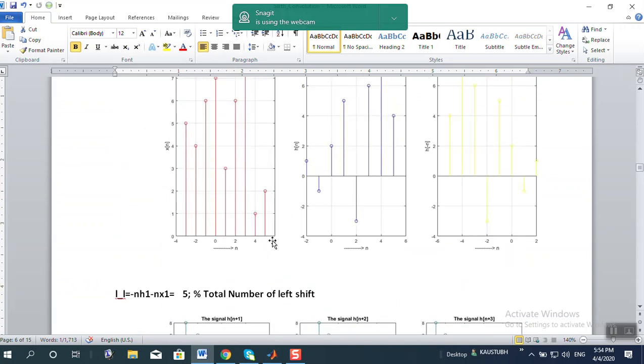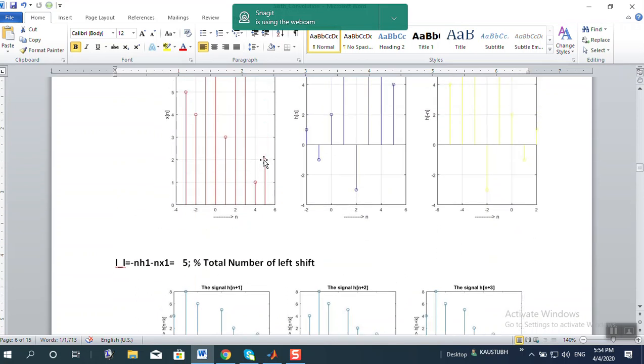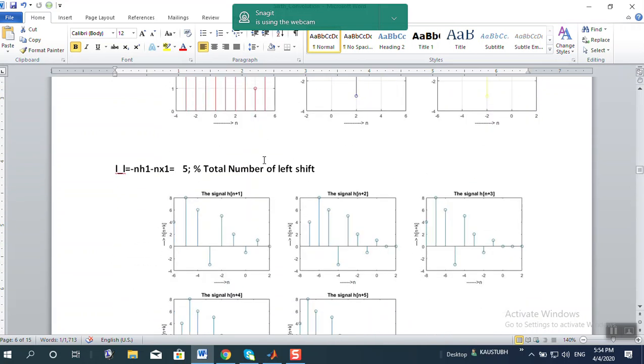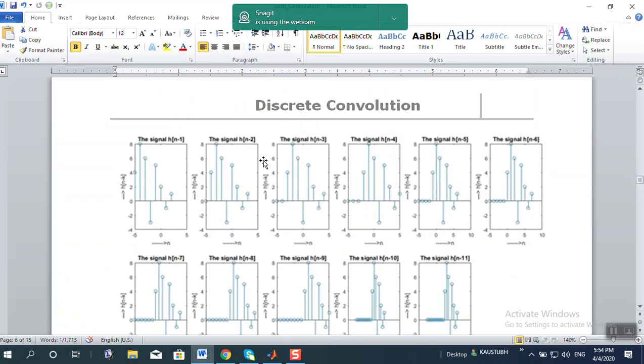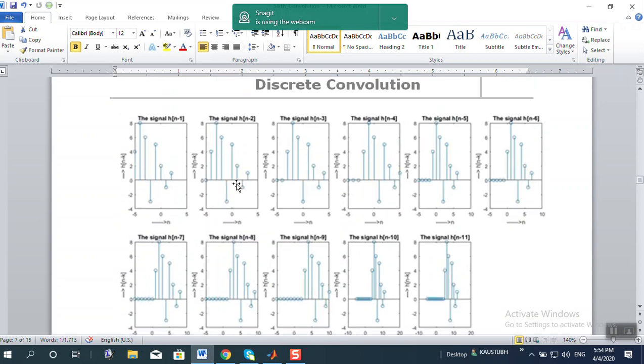Because it goes up to 5, if I shift it 5 minus 3 to 5, okay, so if I make it 10 shifts, there won't be an 11th shift, there won't be any values of x which will be overlapping with this. So all the results will be 0. Therefore there can be only 10 shifts.